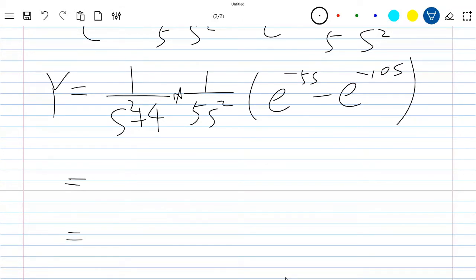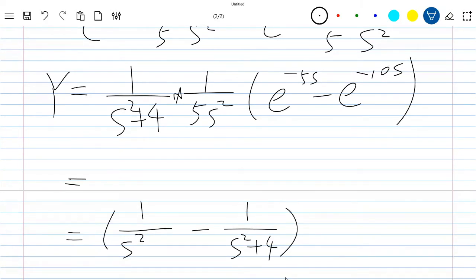Just here, you have s squared plus 4 and s squared. Well, it might be easier to switch them. s squared plus 4 here, and you will see why, because I can just put 1 and a 1 here. What do you get? s squared plus 4 minus s squared, which is 4, right? So if you divide it by 20, you get a 1/5. Then you have e to the negative 5s minus e to the negative 10s.